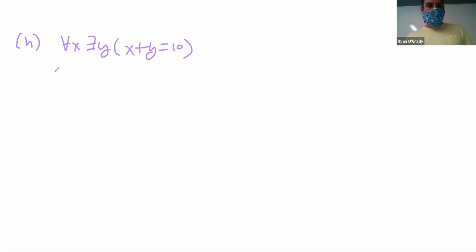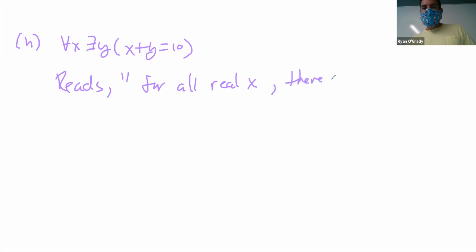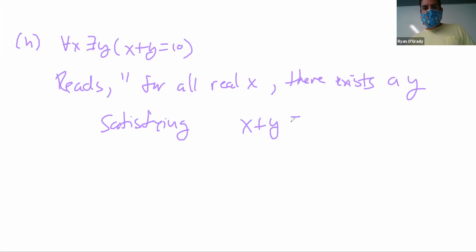What I would encourage you to do is what we've been doing. Translate it for practice. Reads for all real x, there exists a y satisfying: when you add them together, you get 10.